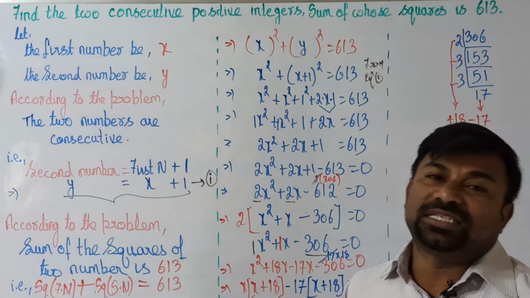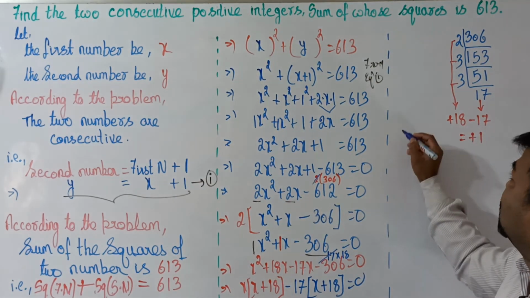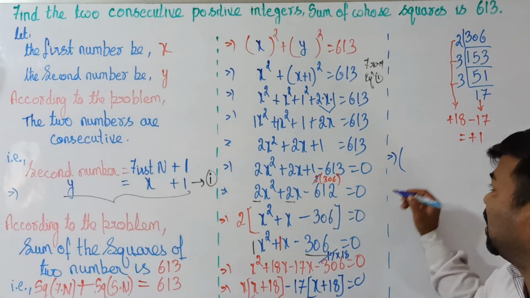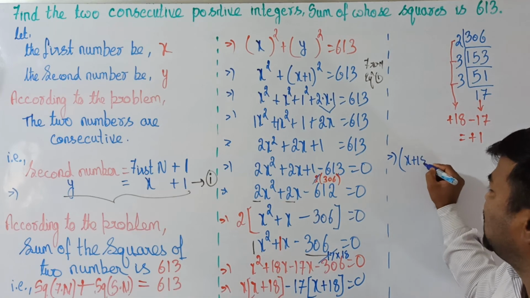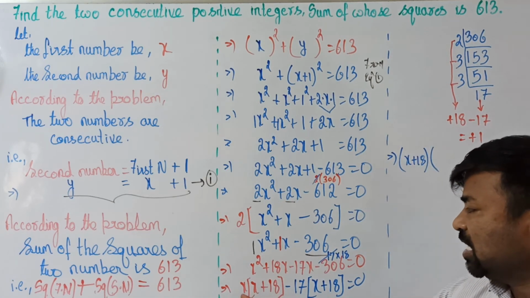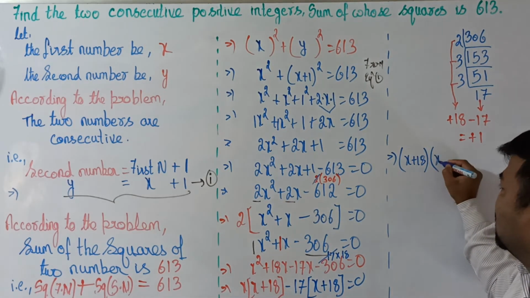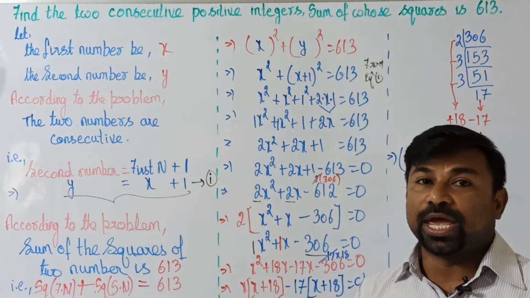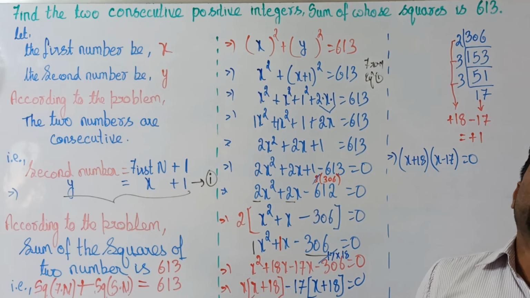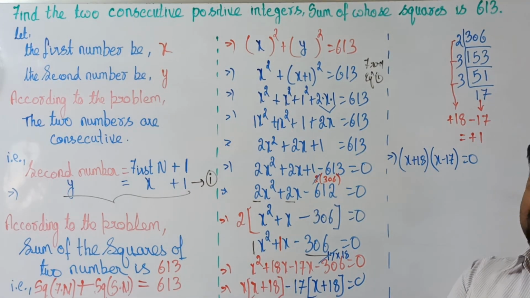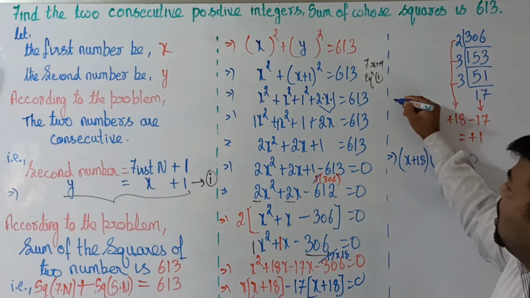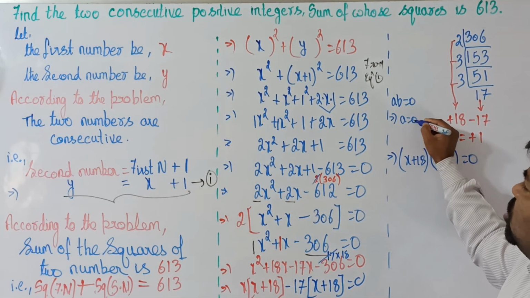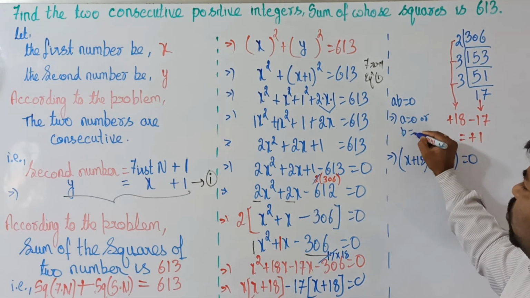So what are the factors we got now? The two factors we got are, the first one in the bracket, x plus 18, and the second one is x minus 17, equal to 0. Now by using the zero product property, that is AB equals 0 implies A is equal to 0 or B is equal to 0.